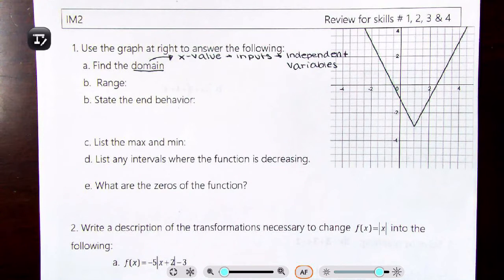So when it's asking you to find the domain, it's asking what are all of the possible x values. I also like to think of domain as what are the possible x values, what are the not possible x values, what can x not be.